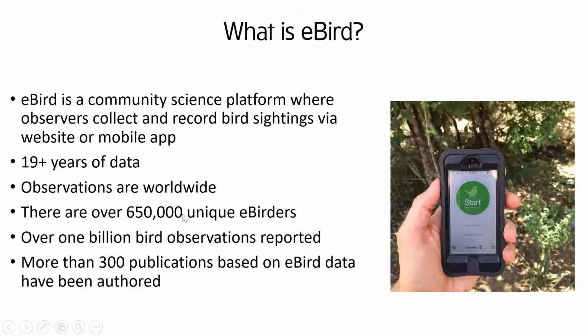This says there's over 650,000 unique eBirders, but I actually checked today and there's actually 730,000 at this point. So far, more than 1 billion bird observations have been reported. Actually, 100 million observations are reported every single year for the last 5 years. And more than 300 publications based on eBird data have been authored.